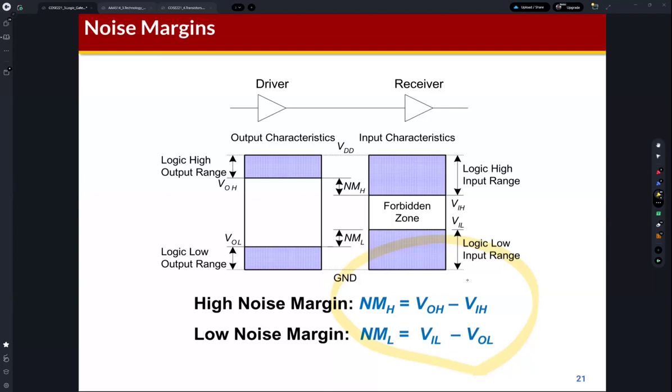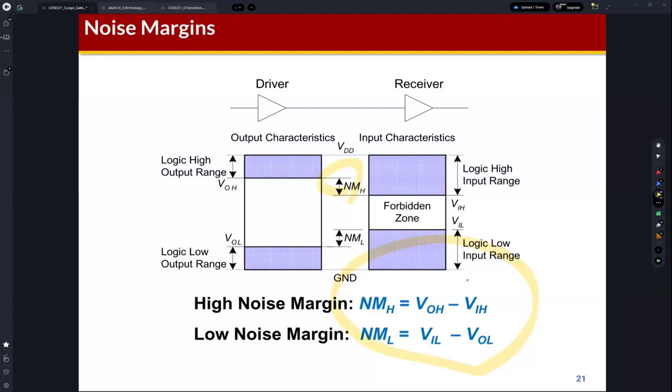So this is an example. We can define some range of output signals of the driver, and also some range of allowed input signals. Then we can define the noise margin of this system, which represents the amount of allowed noise in the system.